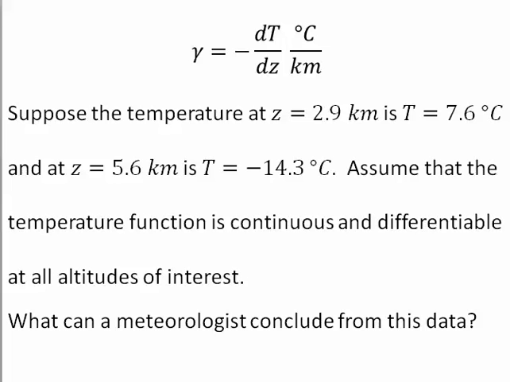Now, suppose at 2.9 kilometers the temperature is 7.6, and at 5.6 kilometers, maybe there's a balloon taking the temperature, the temperature is now negative 14.3. Assume that the temperature function is continuous and differentiable at all altitudes of interest. What can a meteorologist conclude from this data?